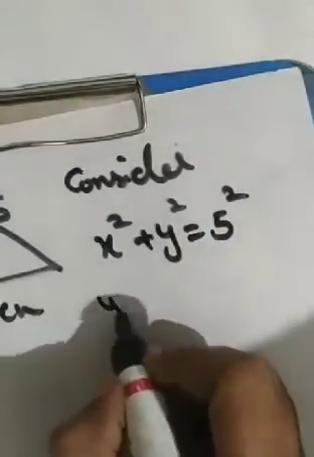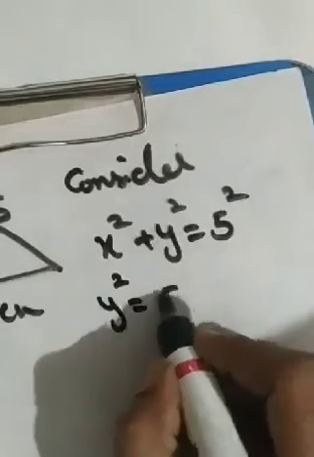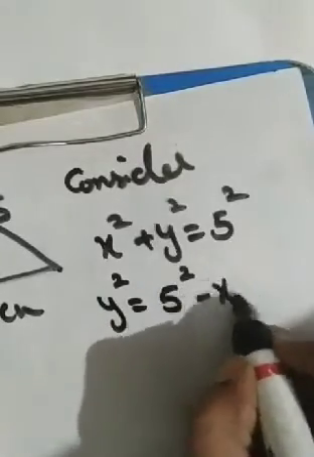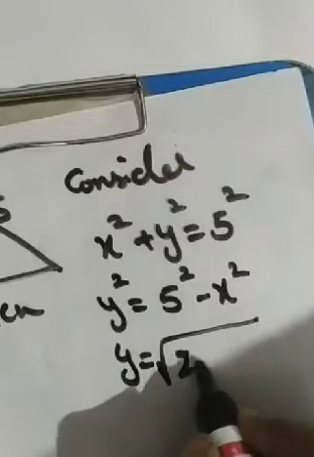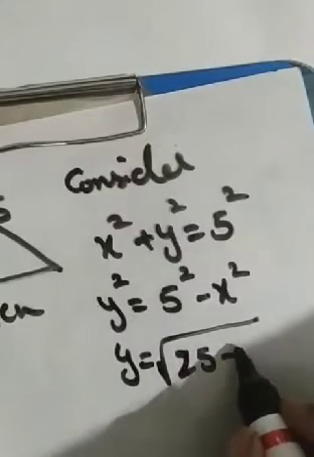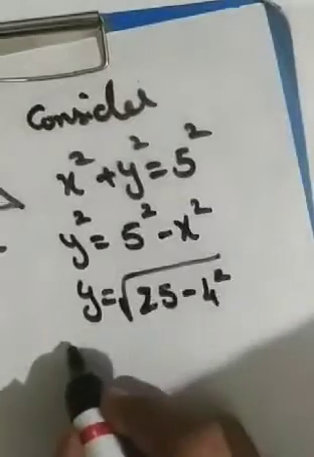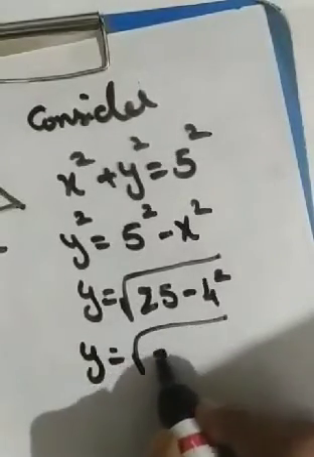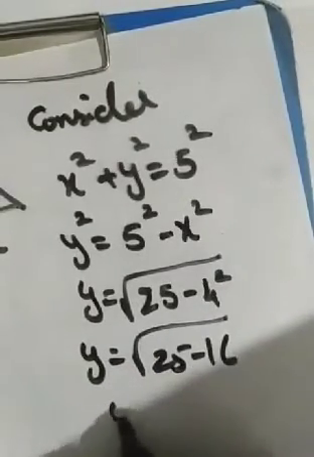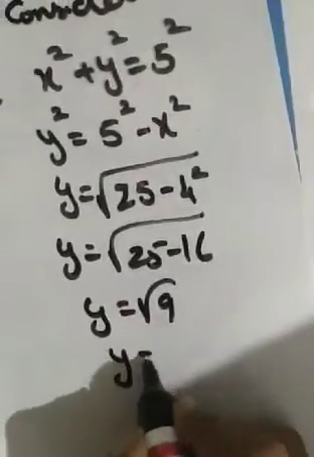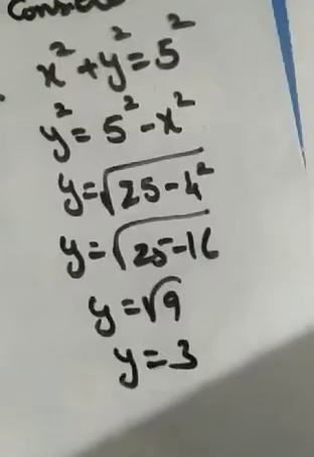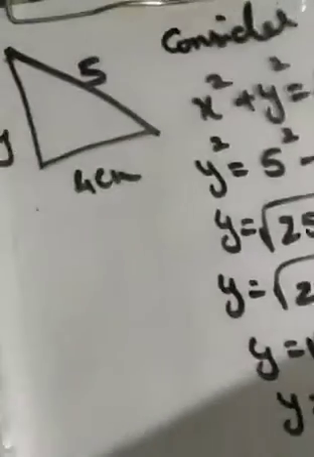So first let us find out y square. y square is equal to 5 square minus x square. So y is equal to root of 25 minus 4 square, root of 25 minus 16, root 9. So y is equal to how much did we get? 3. We got it as 3.